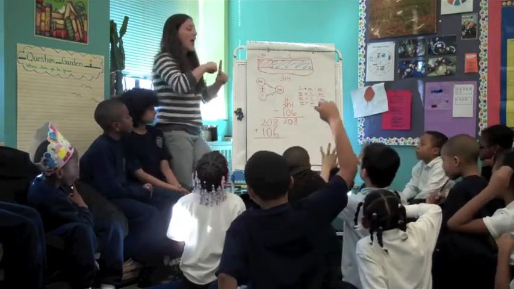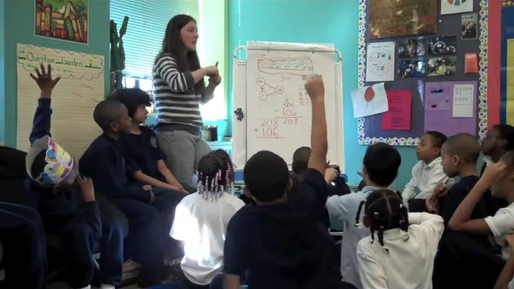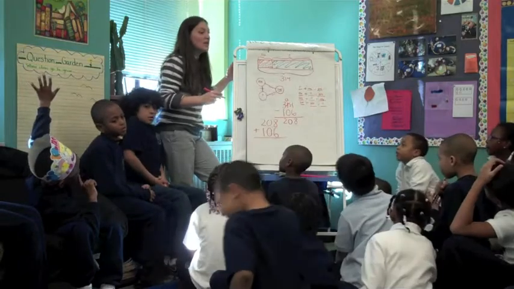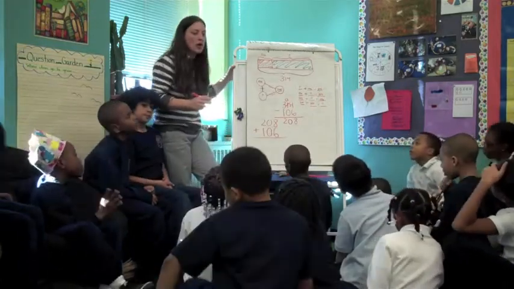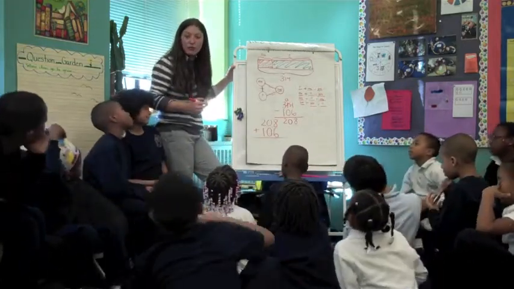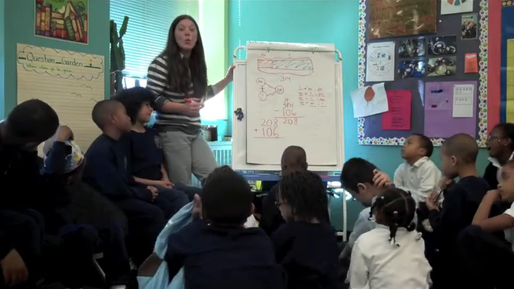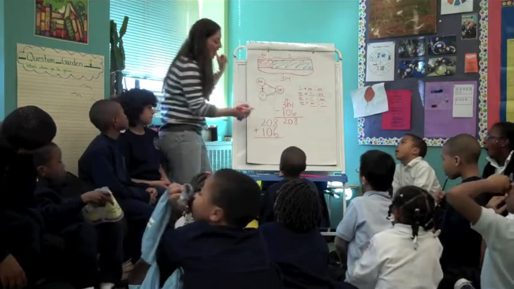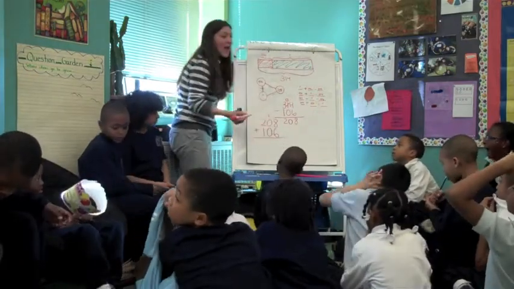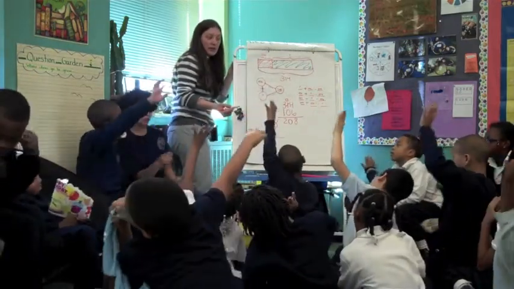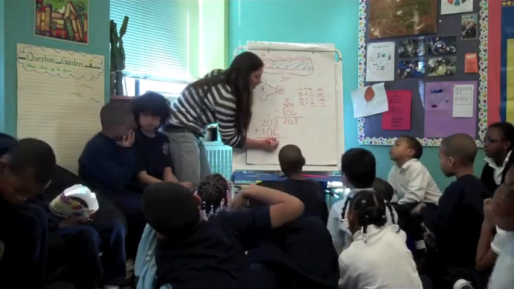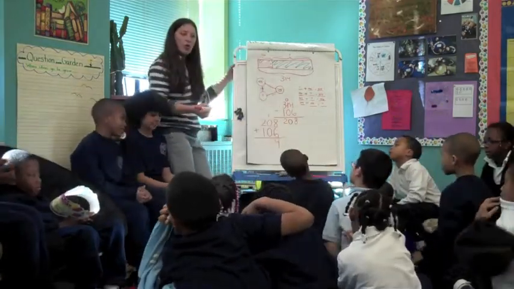Remember, it's addition. 8 ones plus 6 ones equals 14 ones. I can regroup 14 ones by saying I have 1 ten and how many ones? Elijah. 4 ones.